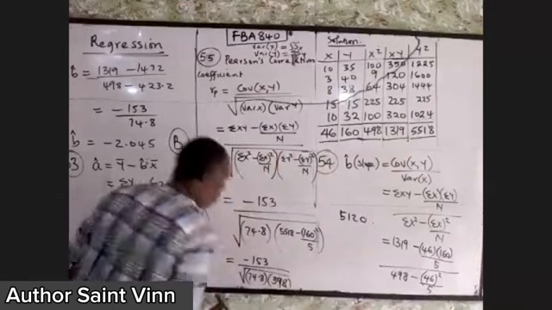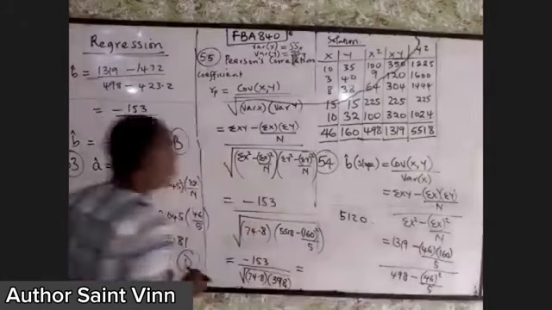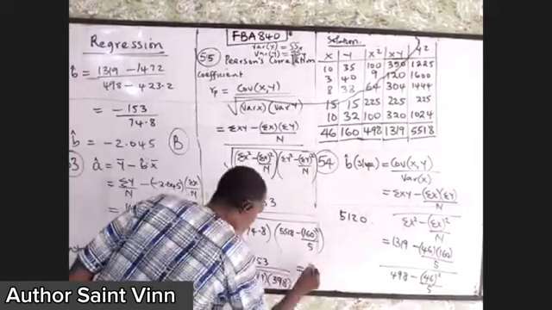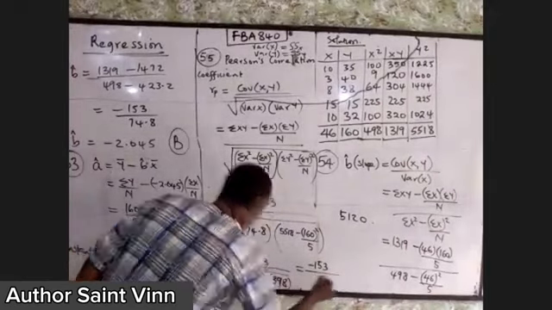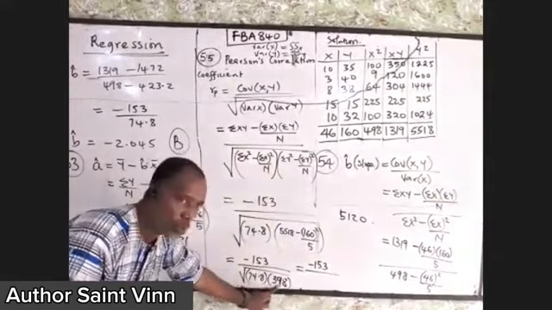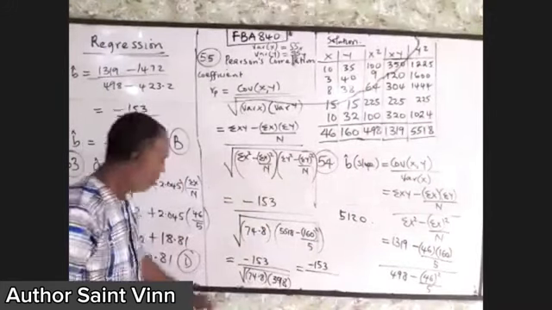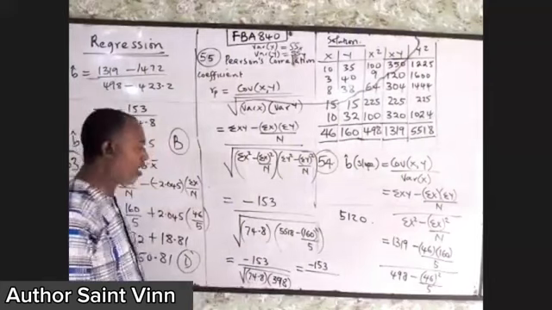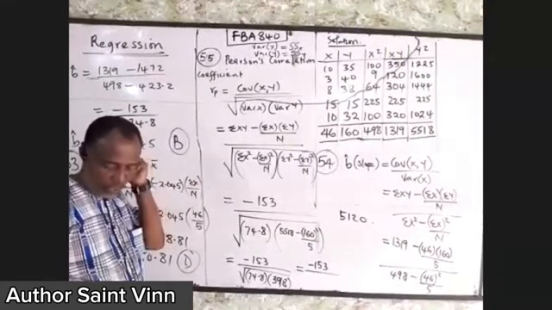So the result is 398. So from the division, minus 158 over, multiply these two and find the square root. This times this, find the square root. So I will just put it on there and then get the result.